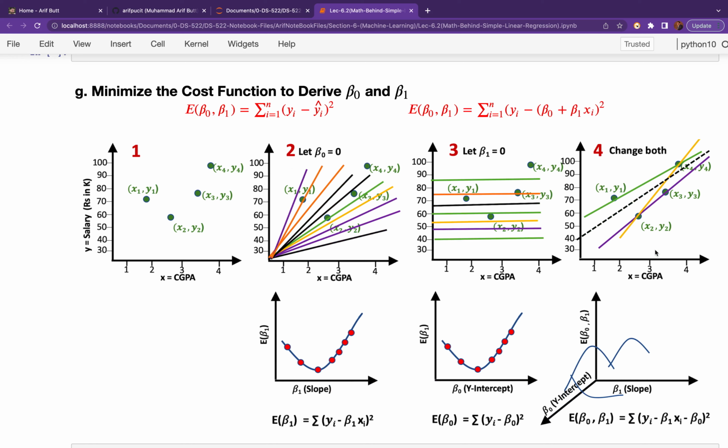Well, my dear friends, the cost function that we have decided to use for best fit line is shown over here. That is the sum of the square of the difference between the actual value and the predicted value. So this is the difference. This is the loss function or the cost function, and we want to minimize this.